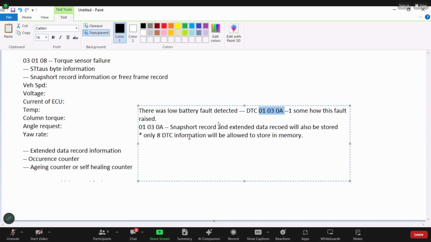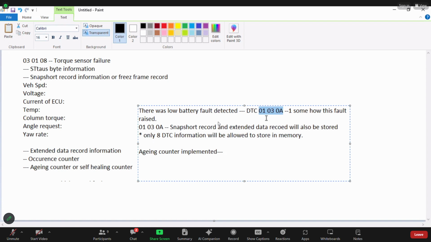So that's why this aging counter mechanism is implemented. This aging counter will capture for how many ignition on and off cycles this DTC was not triggered, meaning this fault condition was not there.